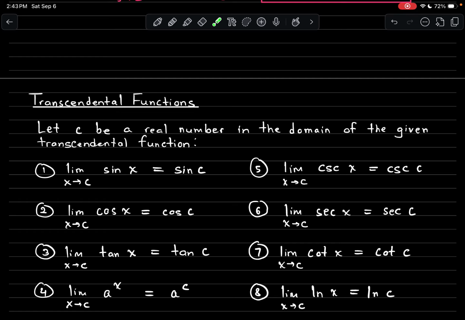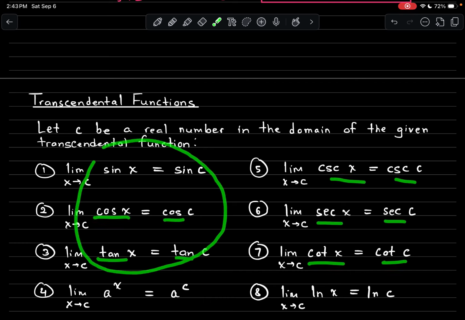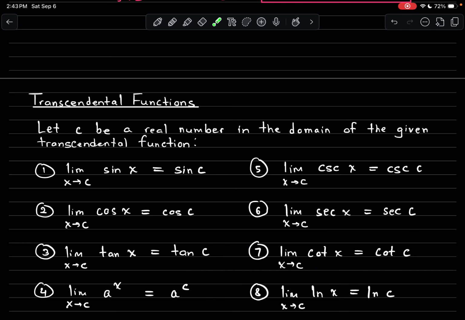So number 1 just says the limit as x approaches c of sine of x is going to be the sine of c. And the same thing is true for every single one of these transcendental functions. So you've got all of your trig functions, you've got your reciprocal trig functions. In all cases, you're just doing direct substitution.